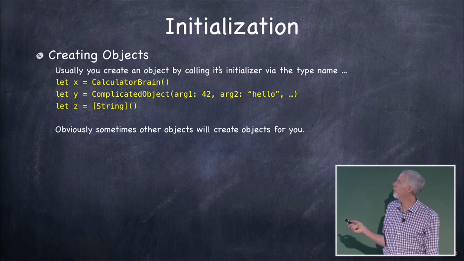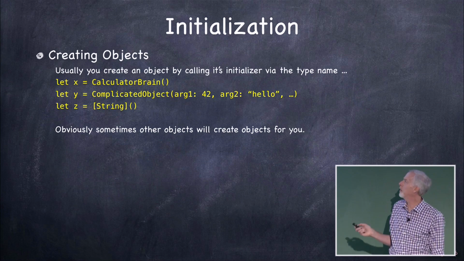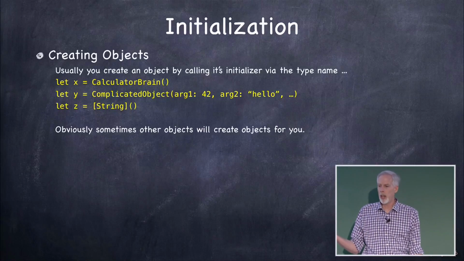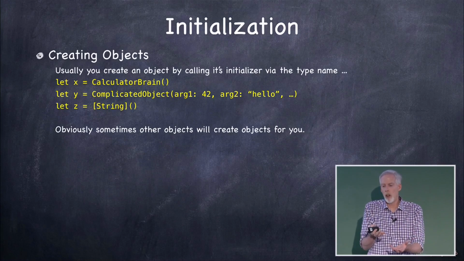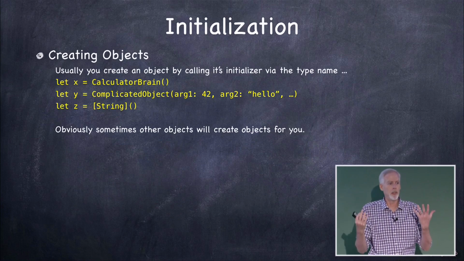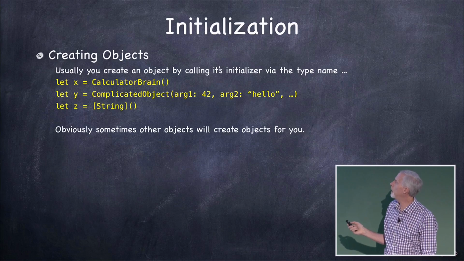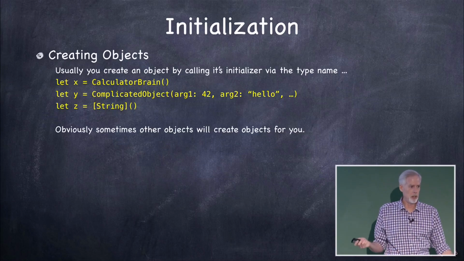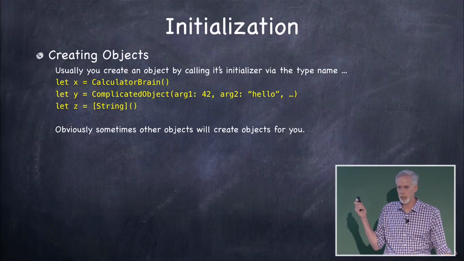That creates an empty array of string. It's constant, so it's going to be empty forever. But sometimes other objects will create objects for you. They can call a method and it'll create an object and give it to you. But when you're creating objects from scratch, this is the syntax you're using. You're used to that, right? No questions about that? It's a kind of obvious slide.